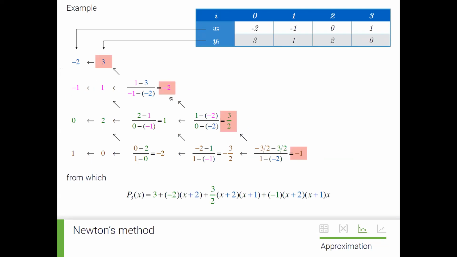So we use just x0, x1, y0, and y1 for finding the coefficient of x1, p1, I mean. Now this is -2. And now the coefficients are a0, a1, a2. We'll use x0, x1, and x2, and y0, y1, and y2 also.